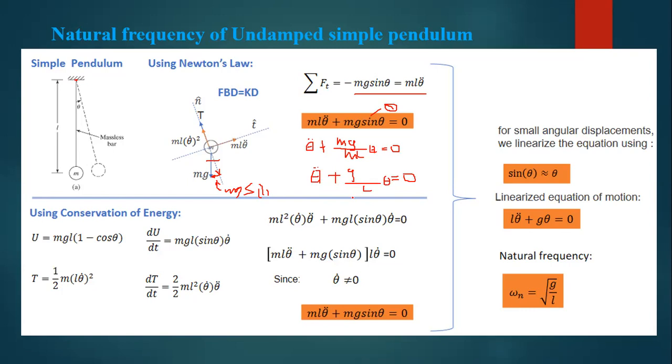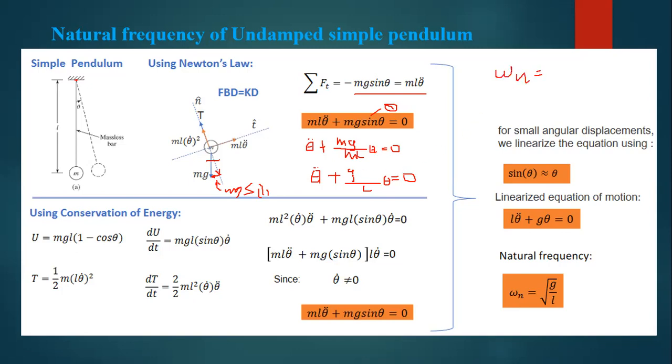This g over l is the natural frequency part, as we know that k over m equals omega n squared.